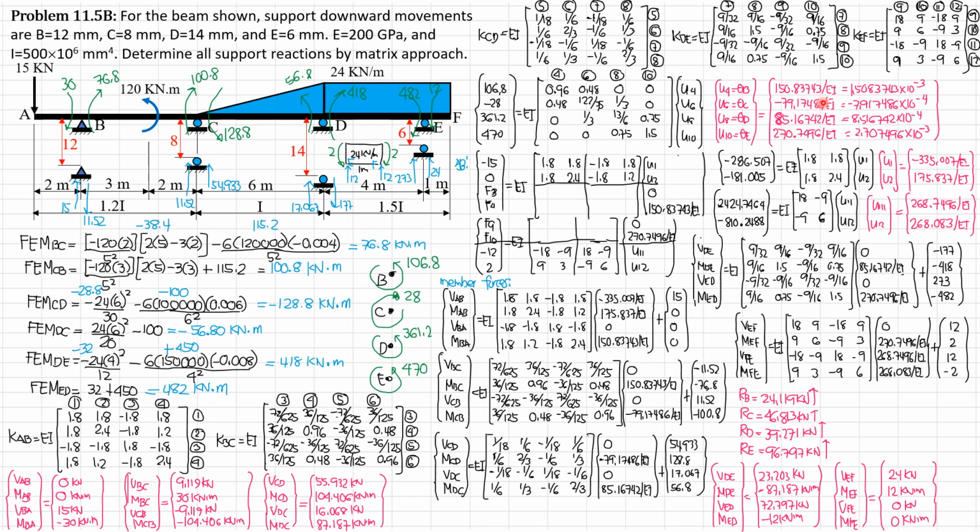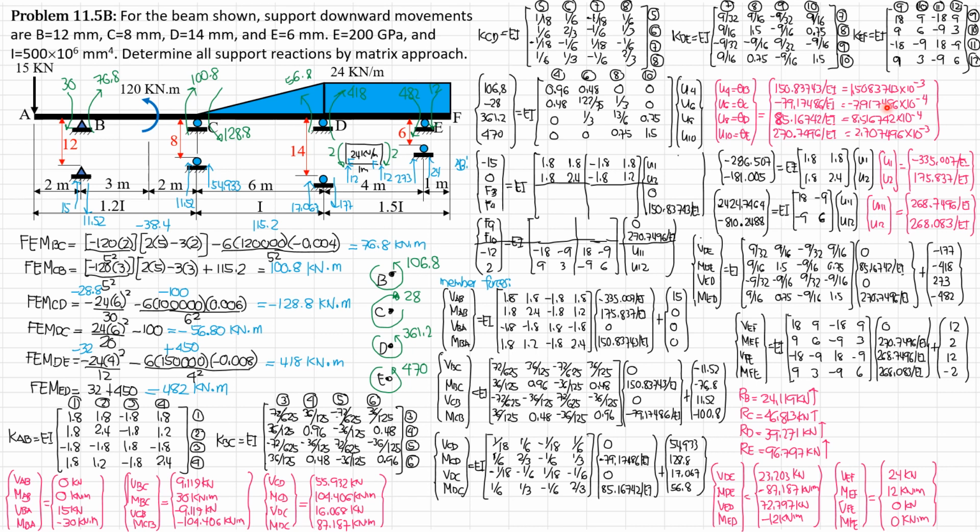Since EI is 100,000, theta B is 1.508373 times 10 to the negative 3 radians. U6 or theta C is negative 7.917486 times 10 to the negative 4, and so on and so forth. So we have theta D and theta E also.